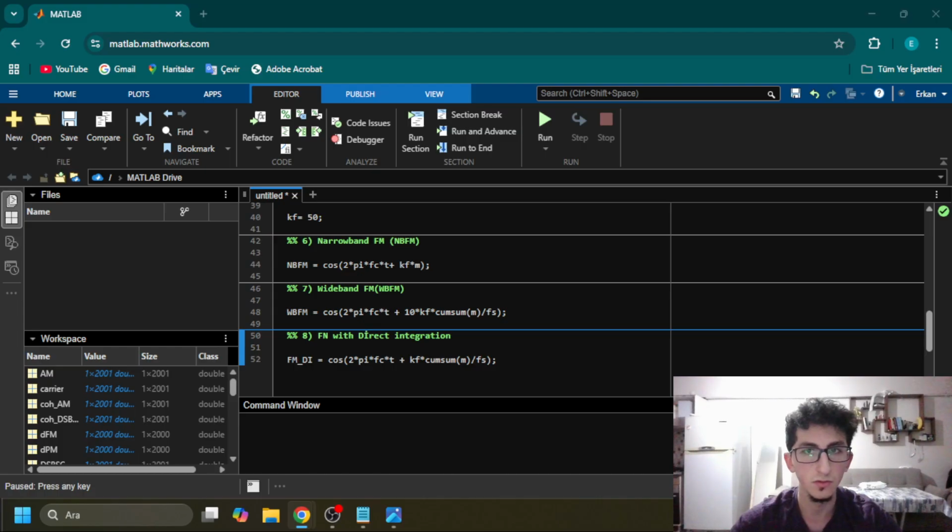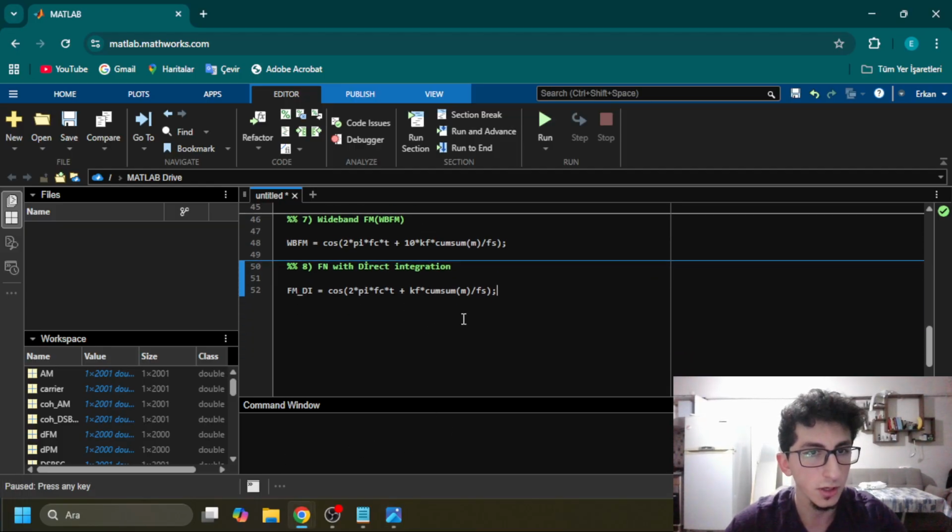So I'm gonna continue with the last two steps in the FM modulation, and FM demodulation using differential envelope detection is gonna be our last second step. So I'm gonna write this code in here.